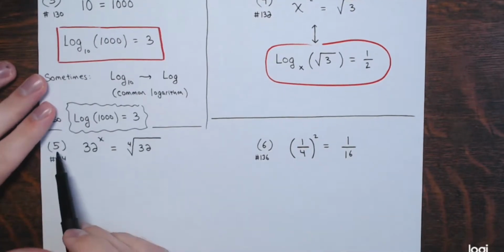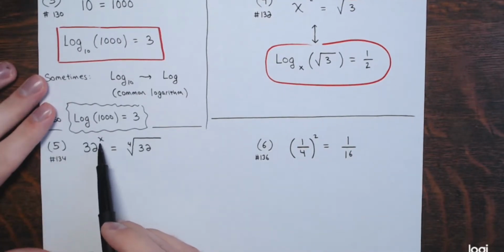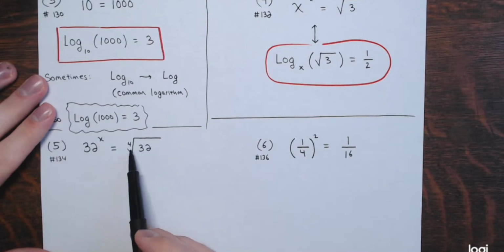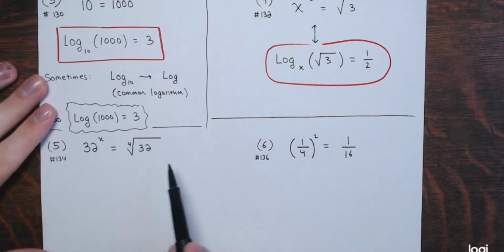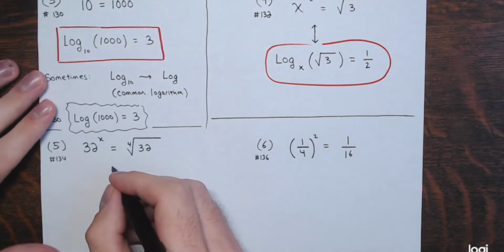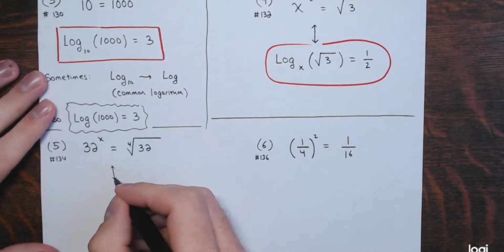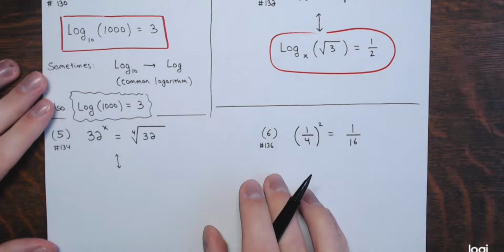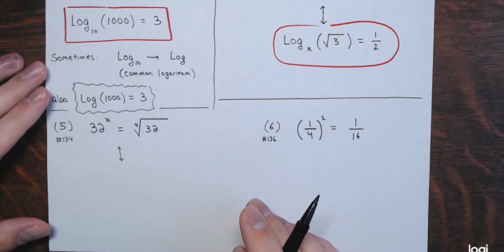So 32 to the x power equals the fourth root of 32. Again, we're not asked to solve for anything, we're just asked to change forms. So right now it's in exponential form. I write it in the equivalent logarithmic form.